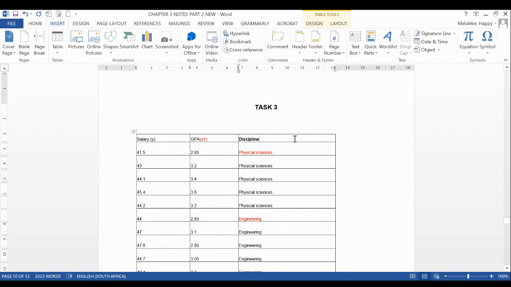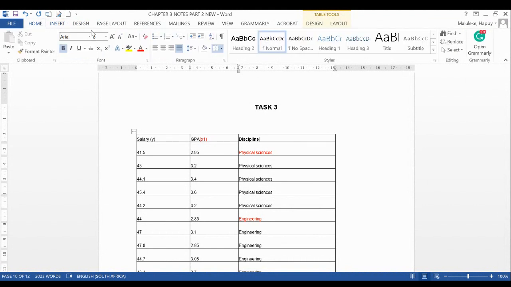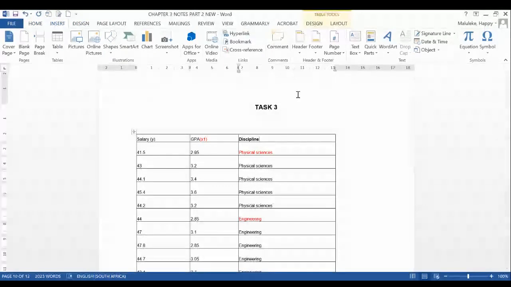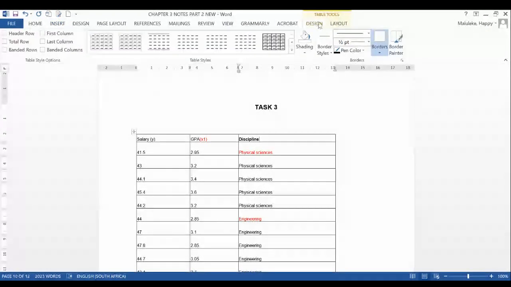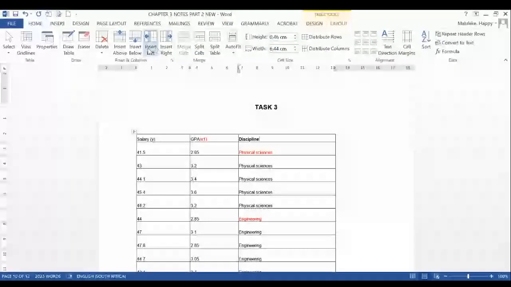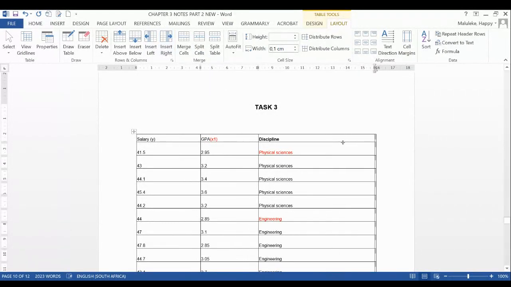I want to insert a column. Sorry, now some of my buttons here are not functioning. Oh, it's fine. Here it is. All right. I want to insert two.